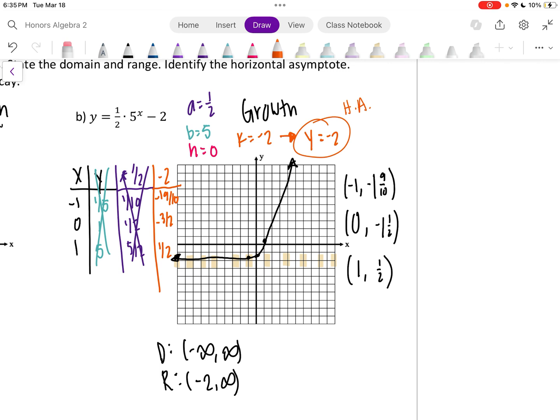Then again you do your negative 1, 0, 1, and your 1 over B, 1, and B values, and then you just hack it and plot your points. So again, I did those points, and then I connected the dots.